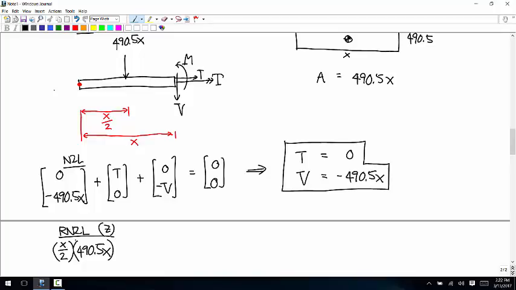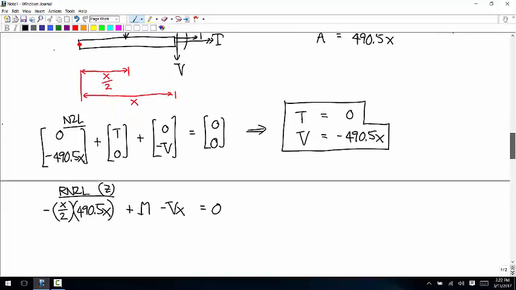That would make it rotate clockwise, so that's negative. And then you add the M, just like always, minus Vx is equal to 0. Those two terms are always there.